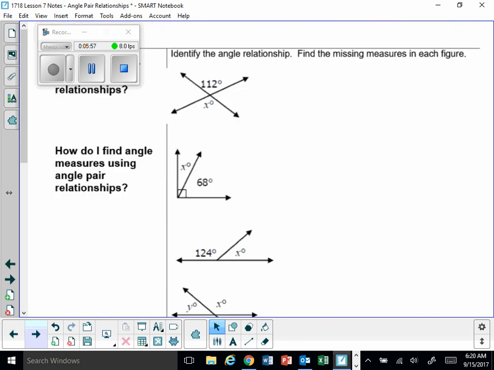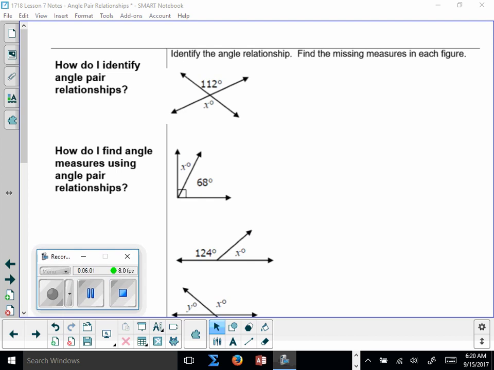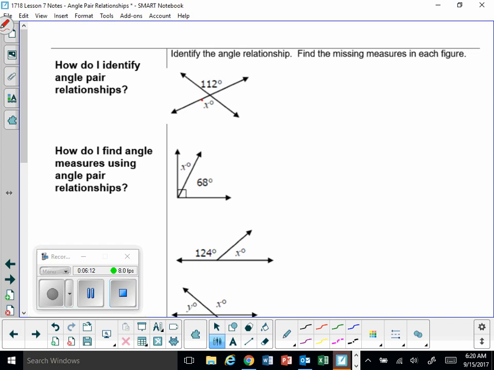So let's take a look at a few of these. How do I identify angle pair relationships, and how do I find angle measures using angle pair relationships? Well, sometimes it's straightforward. In this case, X and 112, these are vertical angles. Vertical angles are always congruent, so X will equal 112 degrees.